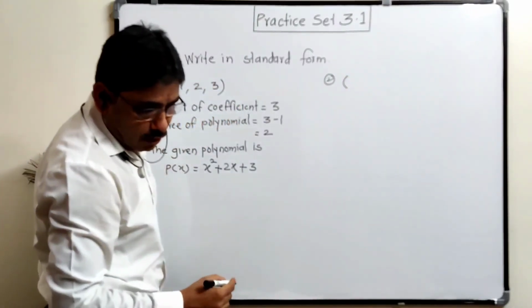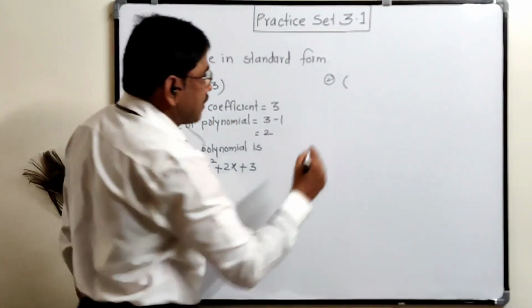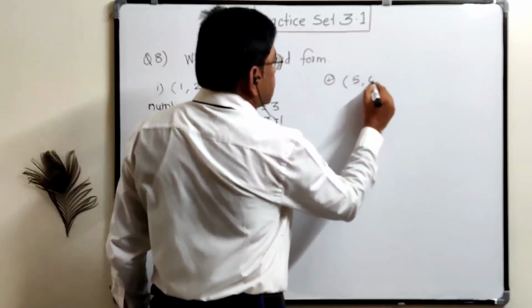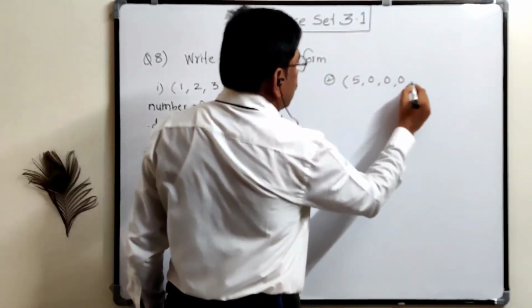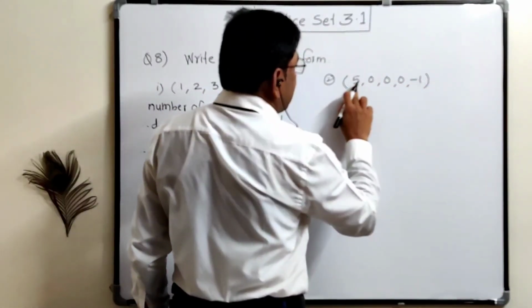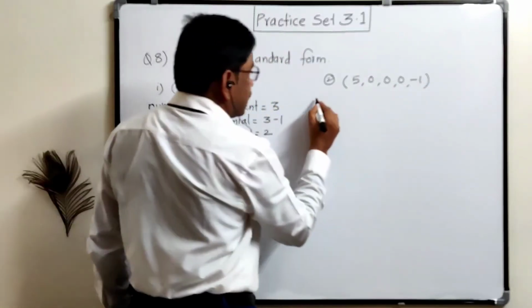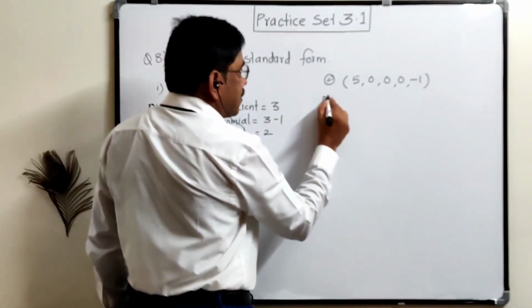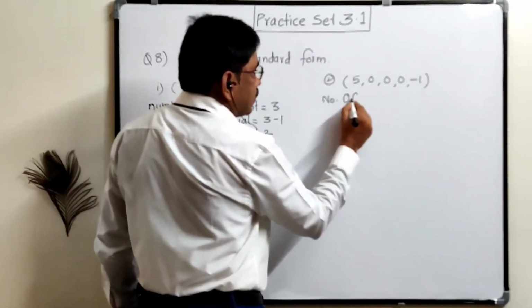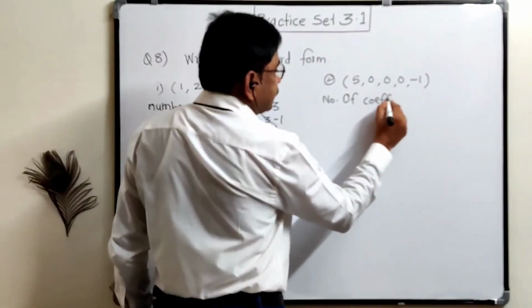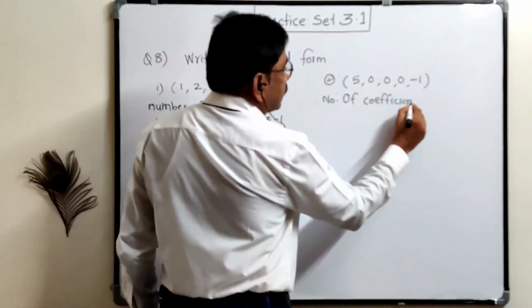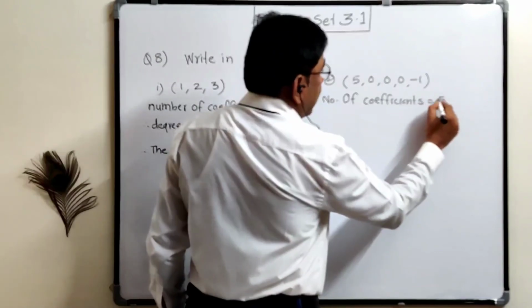Here the coefficient form is given 5 0 0 0 minus 1. How many coefficients? 1, 2, 3, 4, 5. Therefore first write number of coefficients is equal to 5.